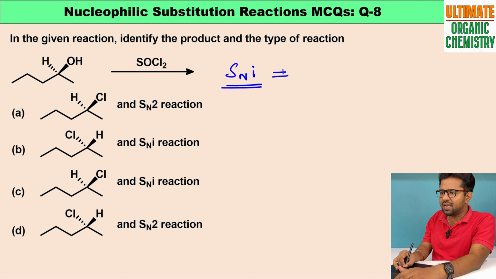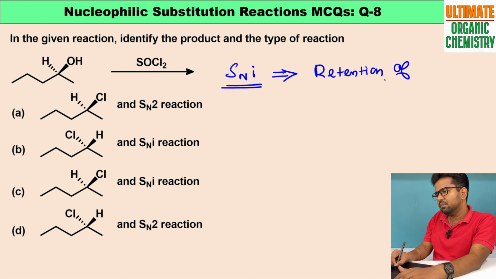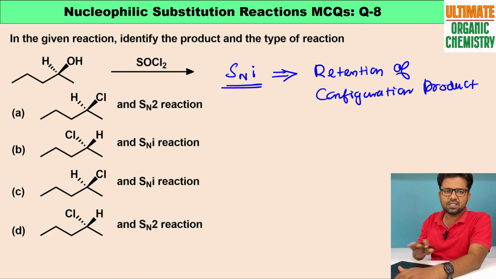And in the SNi mechanism, the product has retention of configuration. We have already discussed these things in the previous video. So now, this alcohol reacts with SOCl2, which means the OH group is replaced by the Cl group with retention of configuration.